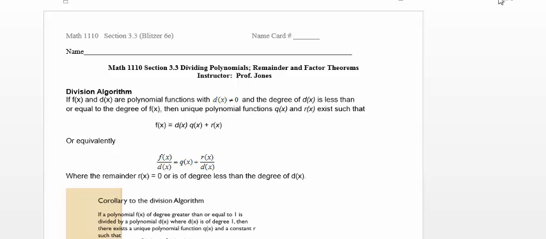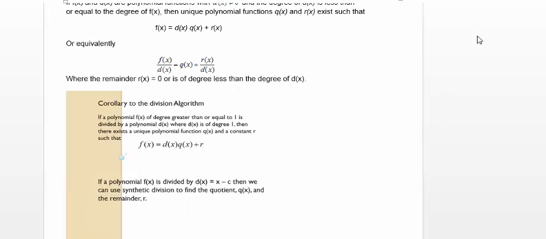All right, let's take a look at this worksheet from section 3.3. We have a division algorithm which tells us that if we divide a polynomial by the divisor d of x, the result is the quotient q of x times d of x plus the remainder r of x.